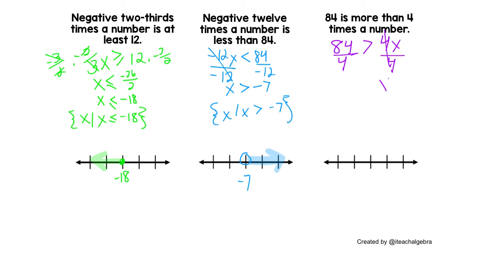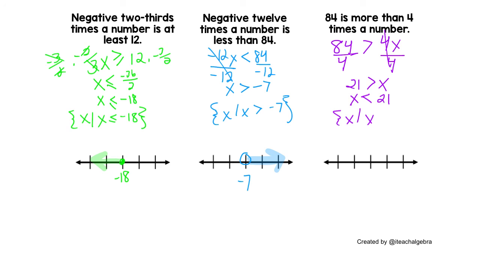Those 4's cancel, and I'm left with x on the right. 84 divided by 4 is 21. Now, we need to flip this baby around. So let's write down the terms on either side of the inequality. On the original answer, the point is pointing at x. So when we rewrite it, we need to make sure the point continues to point at x.